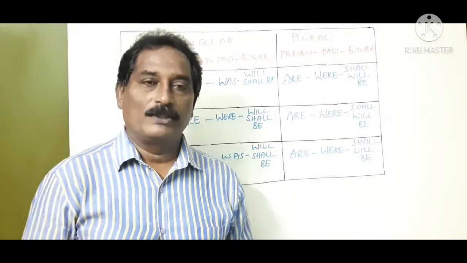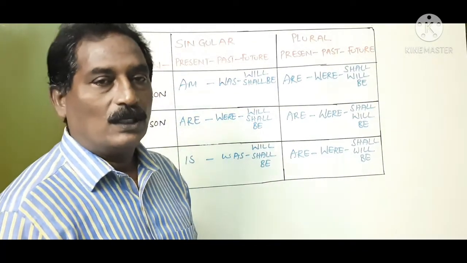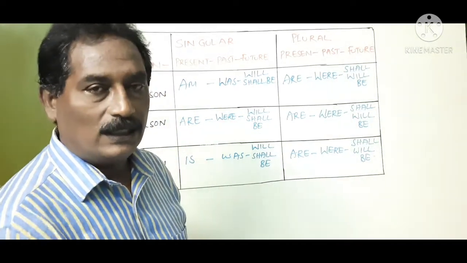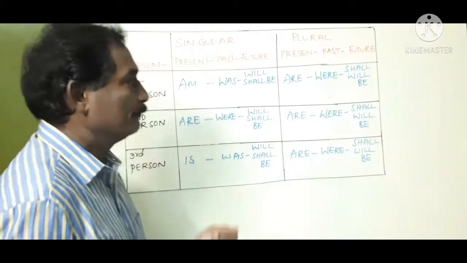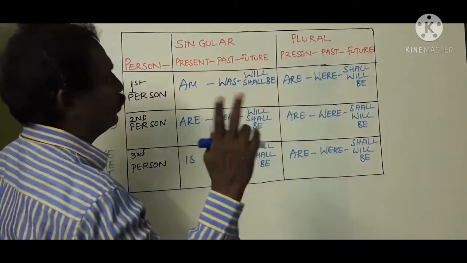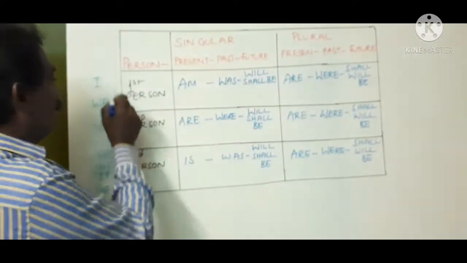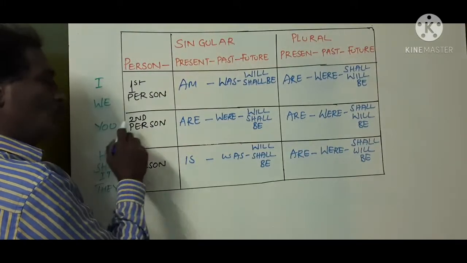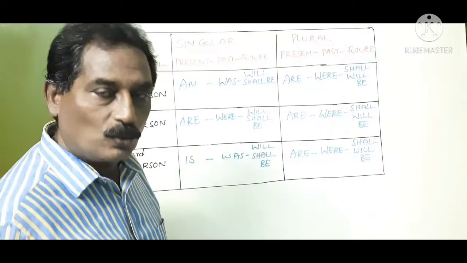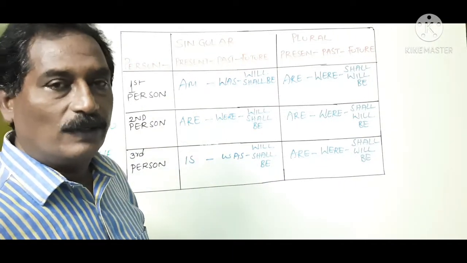Let us see the table for a deeper understanding. First person I, we; second person you; third person he, she, it, they. These are the 7 personal pronouns. We have already learned about them in the previous videos.